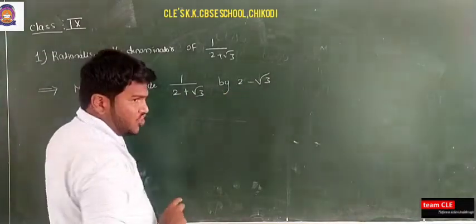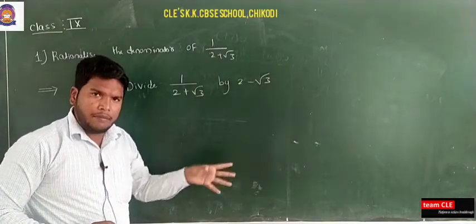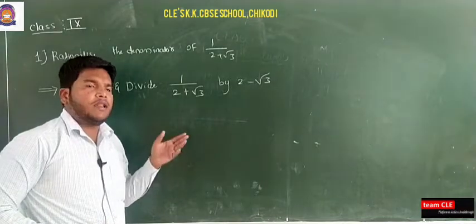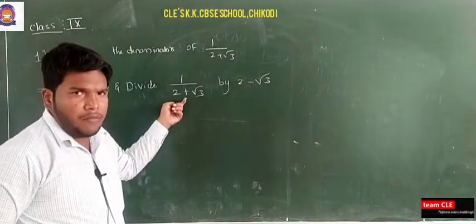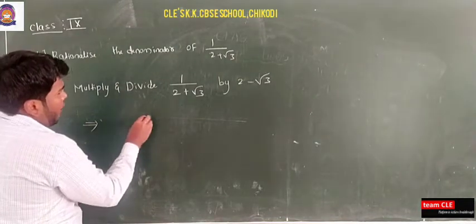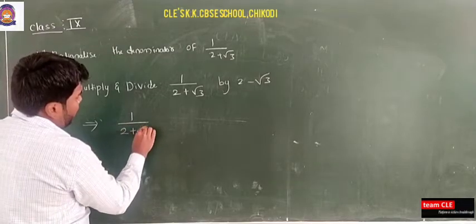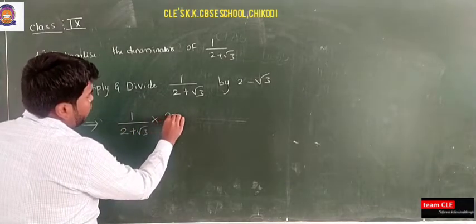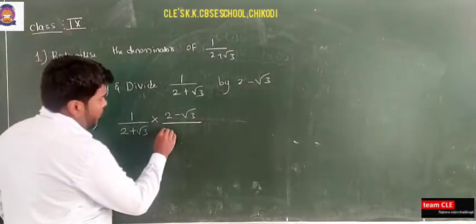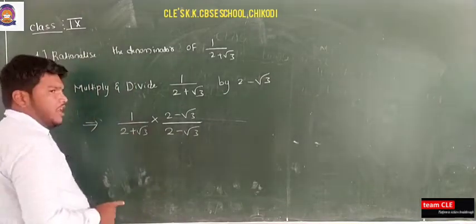Just you have to change the operation. If it is plus, you have to change to minus, and you have to multiply both the numerator as well as the denominator by the same number as the denominator.